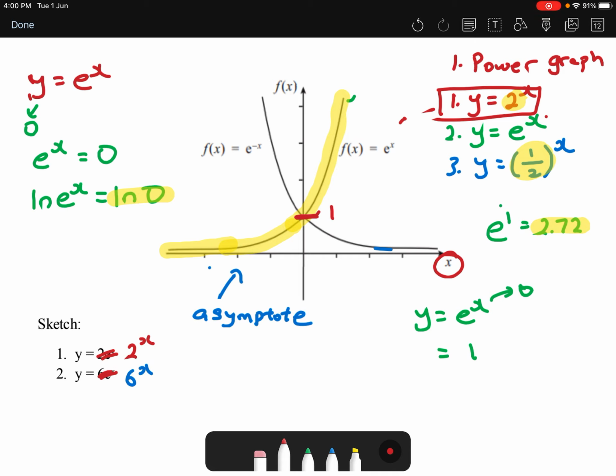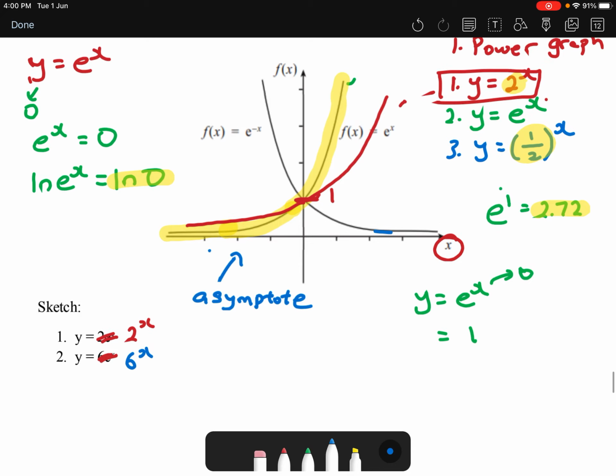For your 2, it will have the same shape but will not rise so fast. And for the negative x portion, it will be like this. So this red curve, y equals 2 to the power of x, will be above your y equals e to the power of x curve.